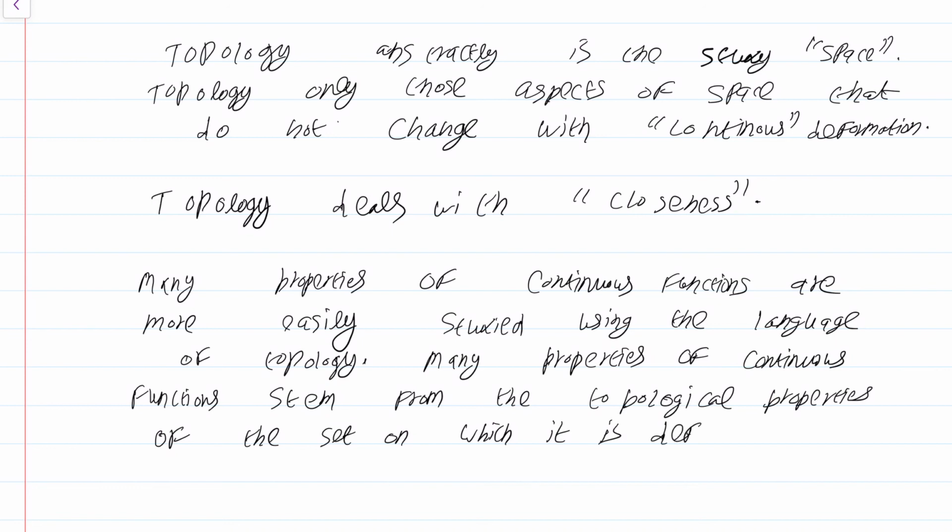One of them is the intermediate value property that depends on the fact that closed and open intervals are connected sets. They have only one piece. Then the second fact is that continuous functions attain both their maxima and minima on closed intervals. This stems from the fact that closed intervals are in fact what are known as compact. So many properties of continuous functions actually stem from the underlying features of the sets on which they are defined.